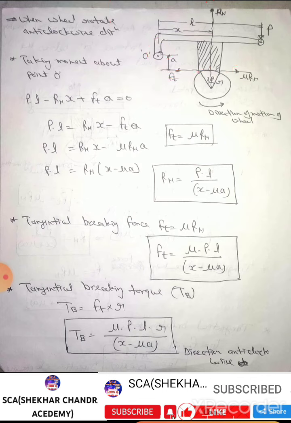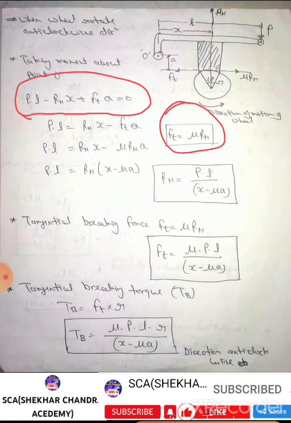So the equation generates P into L minus Rn into X plus Ft into A equal to 0. Also we know Ft is equal to mu Rn.